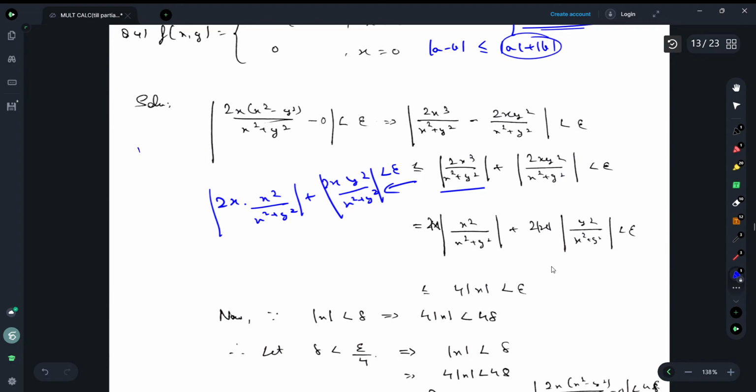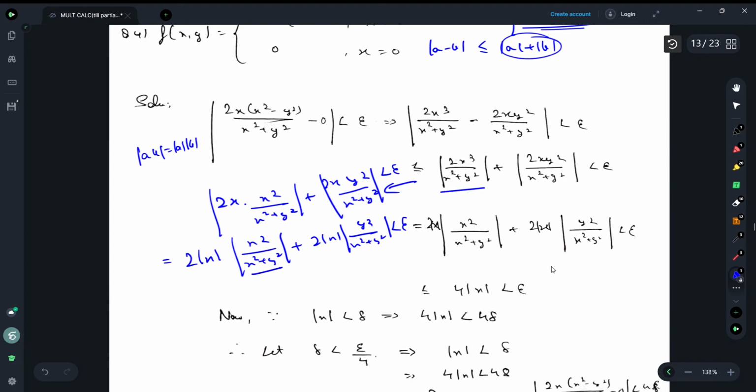Now we know mod of ab is equal to mod a times mod b, so we can write it like mod of 2 is 2 itself, so 2 mod x times mod of x square over x square plus y square, plus 2 mod x times mod of y square over x square plus y square, is less than epsilon.